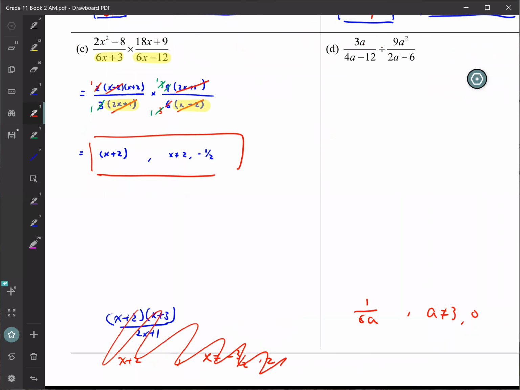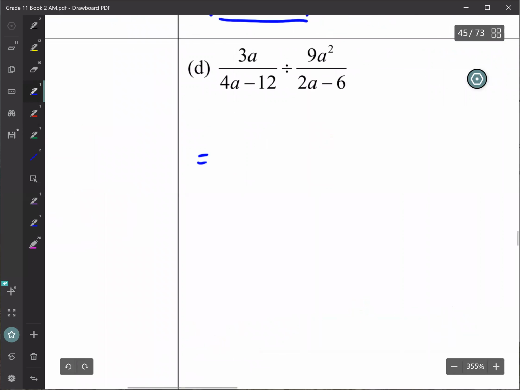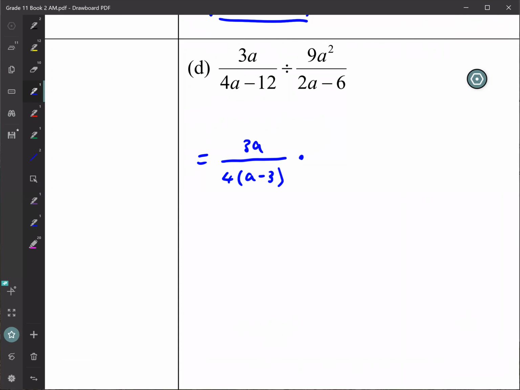Okay, last part, question D. Question D, factoring. We have 3a, and then 4, we can take the GCF out, a minus 3. And then we are doing the reciprocal and the factoring at the same time.